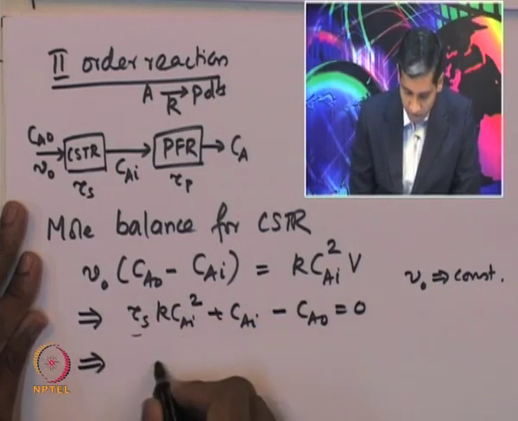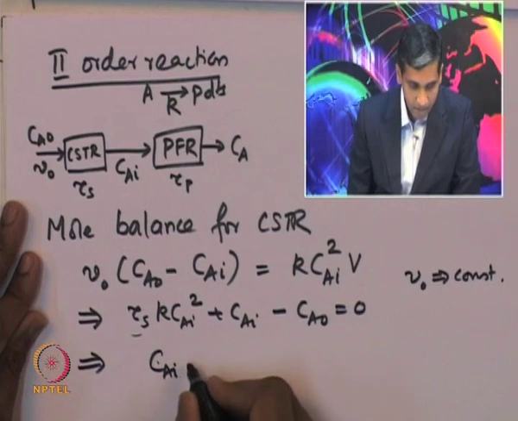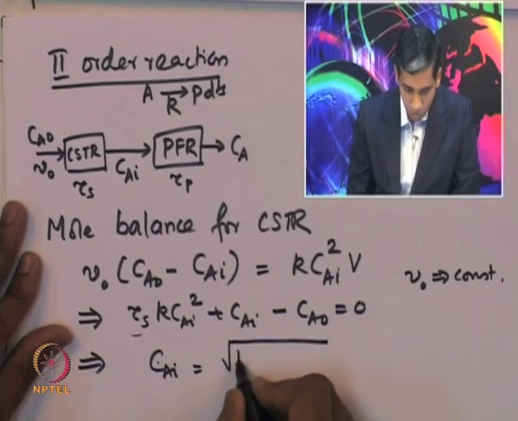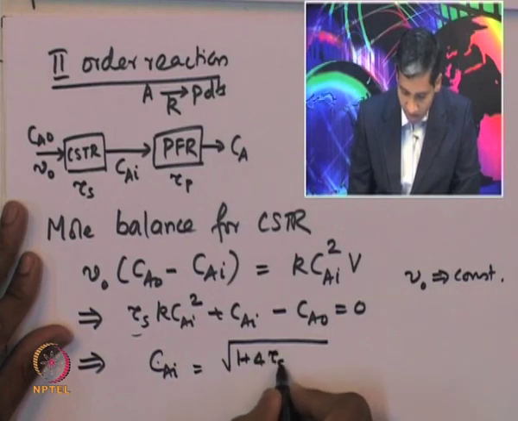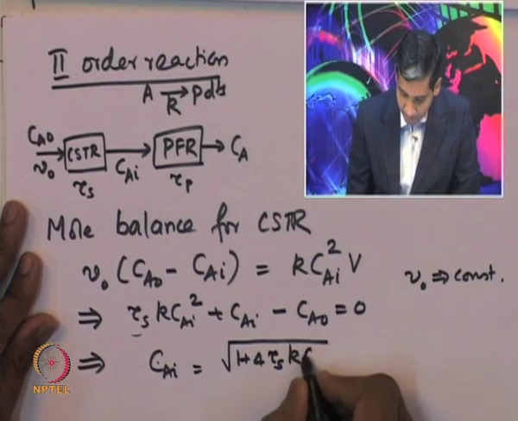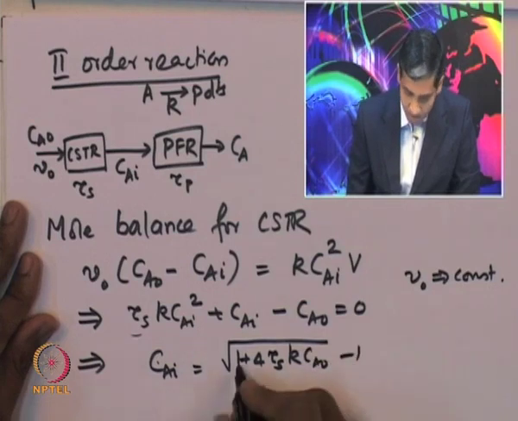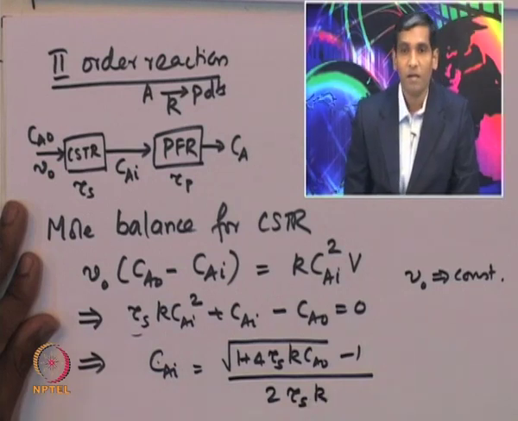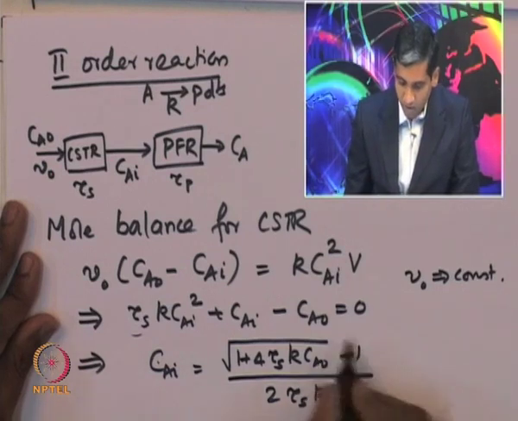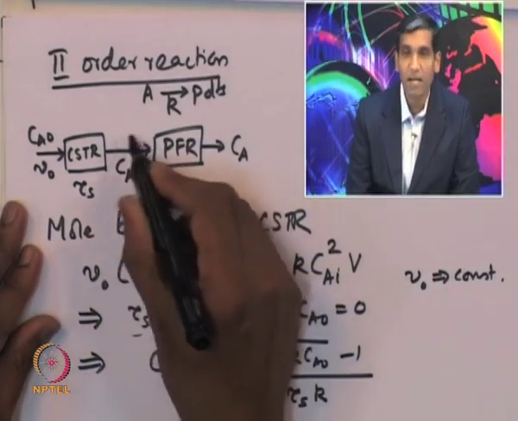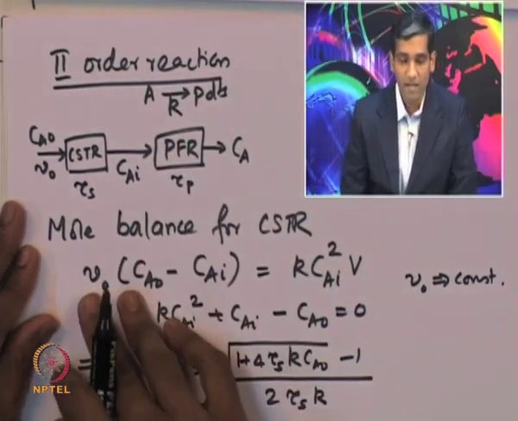So, from this we can solve the quadratic equation, and we will find that Cai is given by square root of 1 plus 4 tau s into the specific reaction rate multiplied by Ca naught, minus 1, whole divided by 2 times tau s into K. So, that is the concentration of the species in the effluent stream leaving the CSTR.